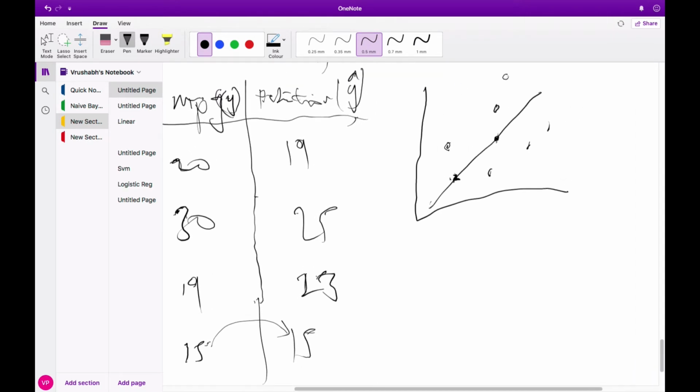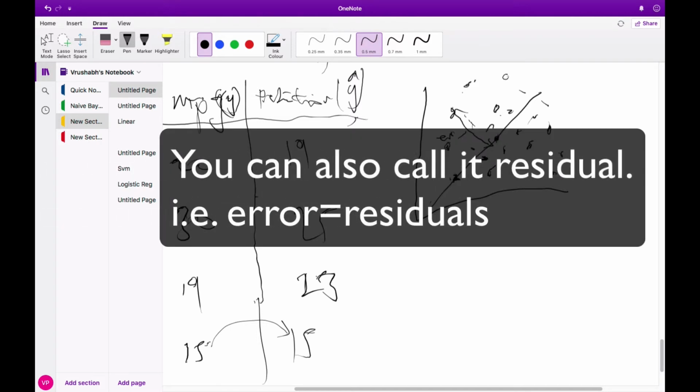But normally the points are going to lie somewhat far away from the regression line, and what we want is for the points to lie closer to the regression line, not far from it. So we want to measure the distance between each of the points and the line. The distance here is what we refer to as the error, the mistake that we made in predicting the data point.